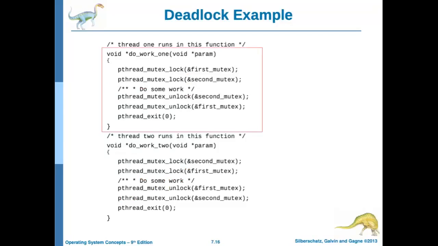So 2 threads are there, and 2 locks are there actually: the first mutex and the second mutex. So it will release the second mutex and then the first mutex.